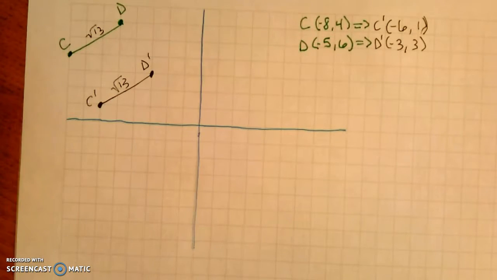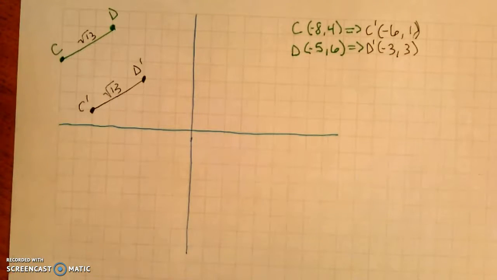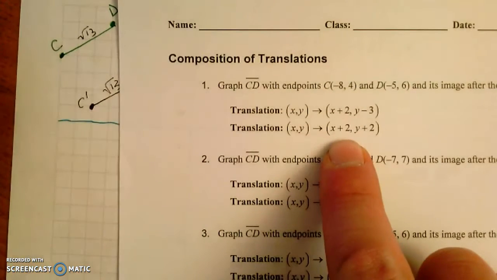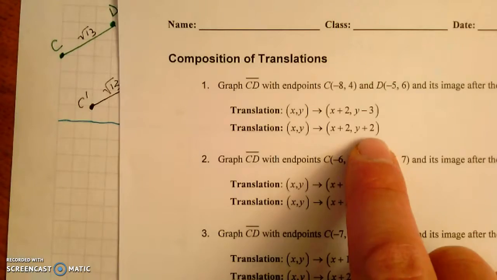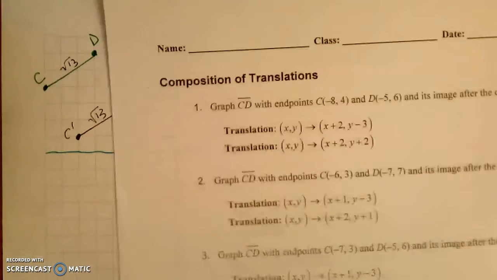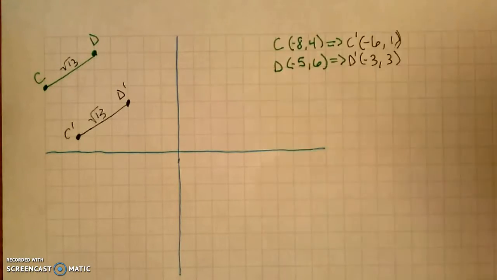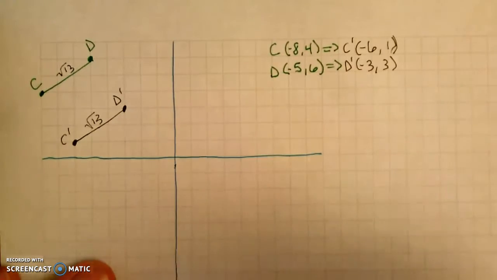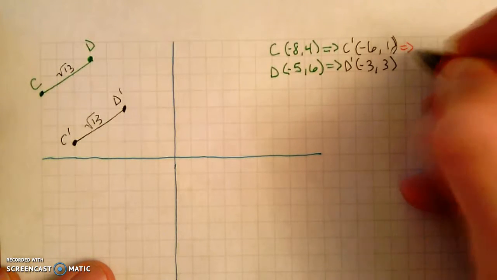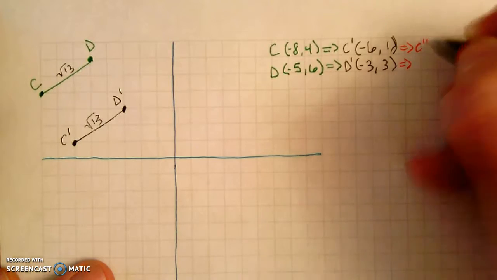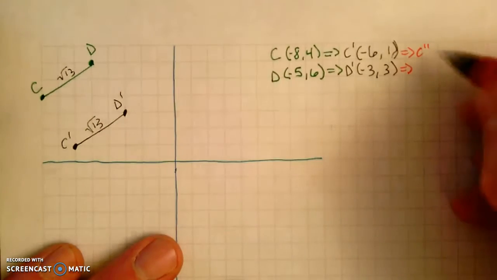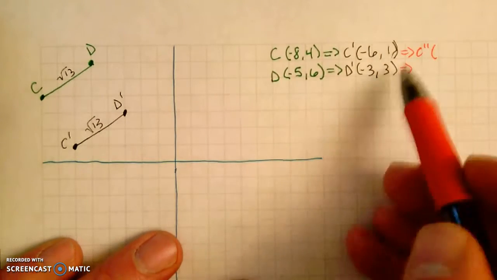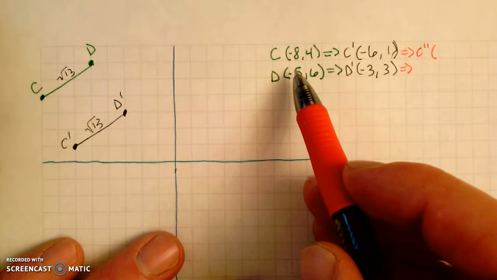Now, our next translation says x plus 2, y plus 2. So, let's see. Going into our next translation, we're adding 2 to each coordinate. So this is C double prime. And notice we're not going back to the original C to add 2 to each coordinate.